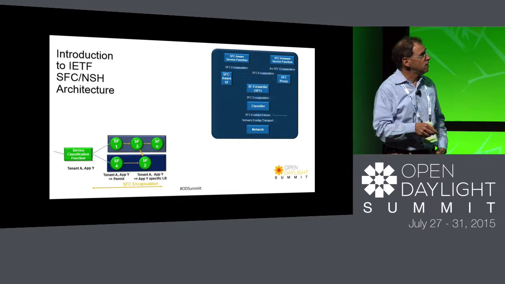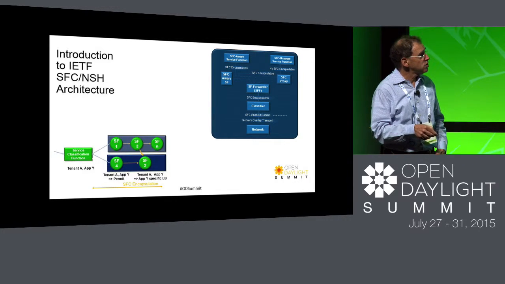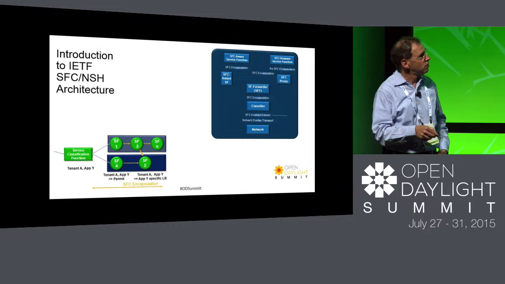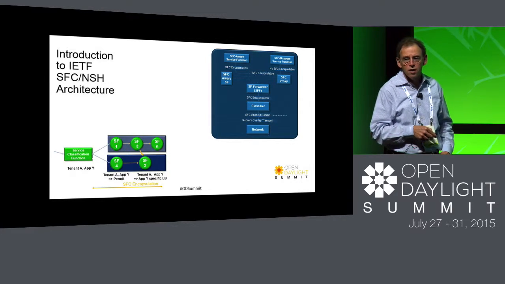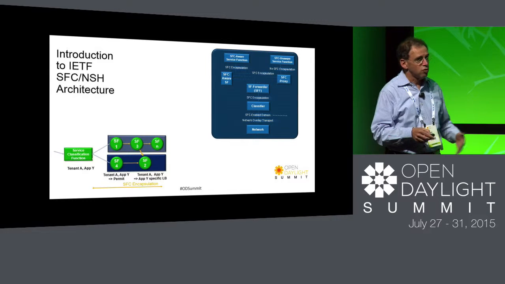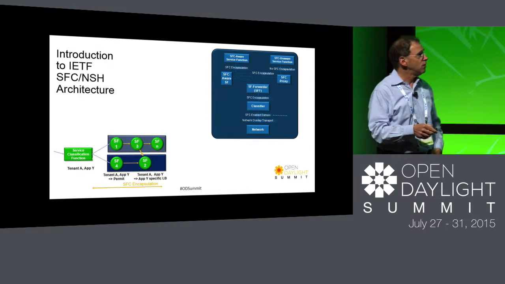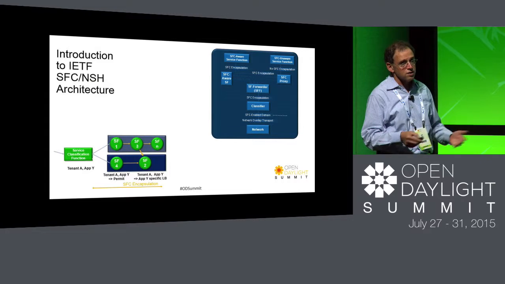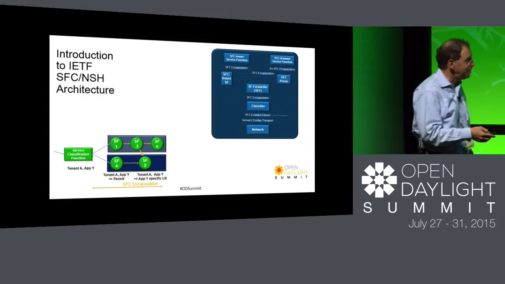This is the entity that launches the traffic towards the relevant service functions. Those could be aware or unaware of NSH, and everything comes back to this guy. And this is the guy who's going to also allow us to scale. He is going to communicate with other SFFs as the need may be.